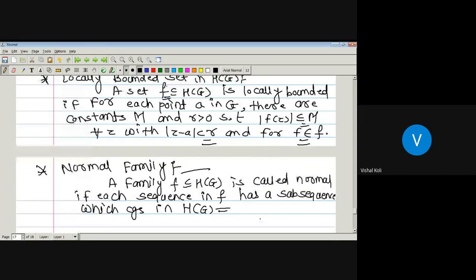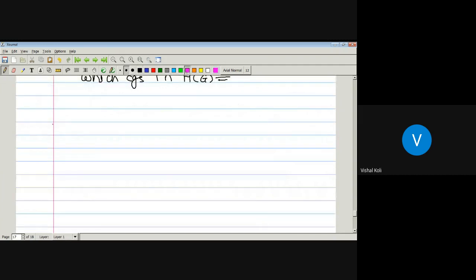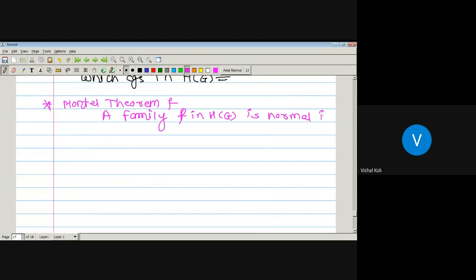Now depending on these two definitions, there is one theorem which is called Montel's theorem. See what is the statement of Montel's theorem. A family F in H of G is normal if and only if F is locally bounded.